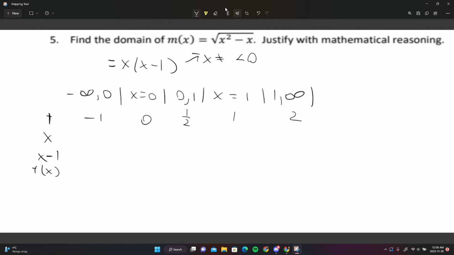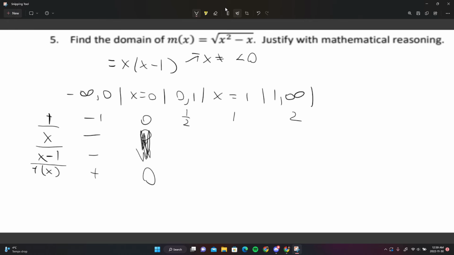Then we sub in our test number into the next row. So -1 is equal to x, so that's negative, and x minus 1 is also negative. Negative multiplied by a negative is a positive, so f of x is positive. For 0, if x is equal to 0, this is equal to 0. Basically cross out everything here, it doesn't matter.